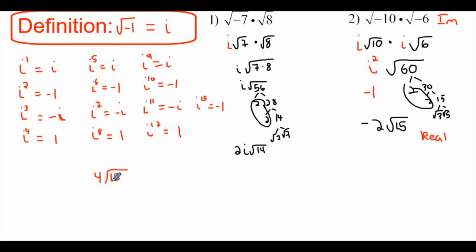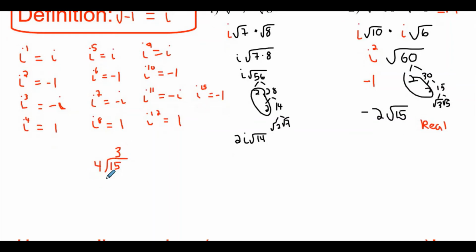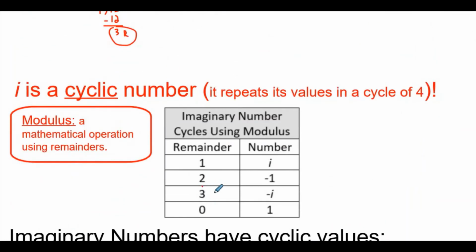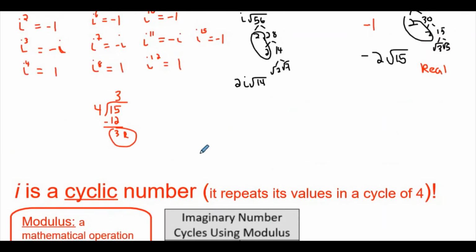What does it do? 4 will go into 15 of course, it goes in there 3 times, right? And so we subtract that product, and we have a remainder of 3. Well, this remainder indicates that it's the 3rd member of the cycle. So if you have a remainder of 3, you would have -i. So we already knew that because it was in our little chart there.